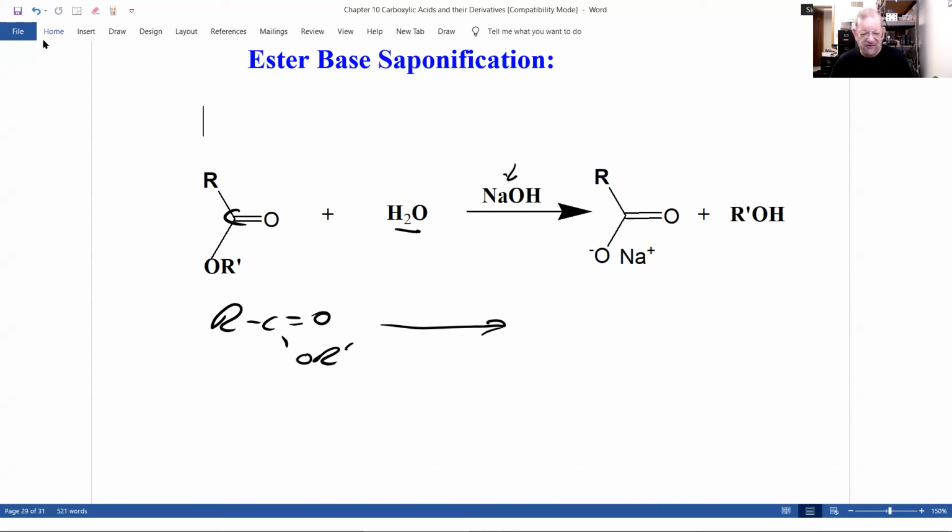And sometimes you'll see me write it this way. And what you get is not the carboxylic acid you would have used to make that ester. You get the carboxylate anion of the carboxylic acid you would have used to make that ester, plus you get the alcohol that you would have used to make that ester.